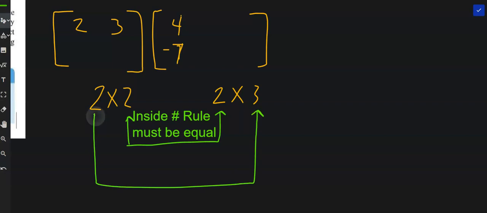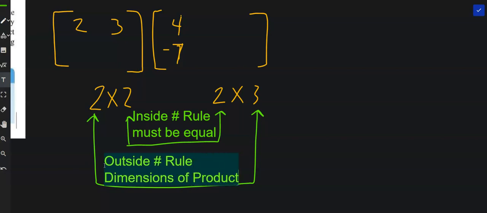Then we have the outside number rule. Dimensions of product. The outside dimensions tell you the dimensions of your answer.